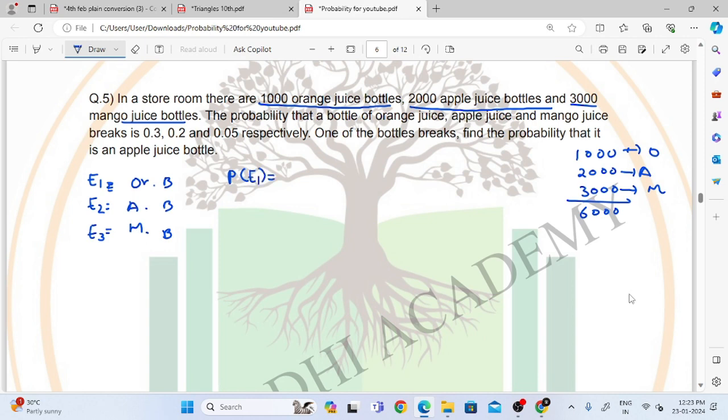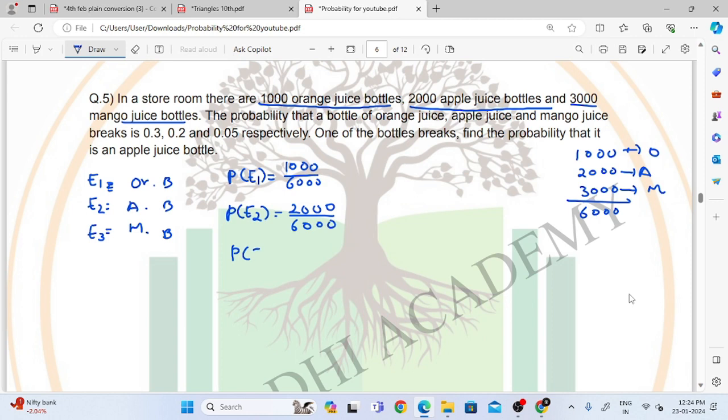So what is the probability of E1? How many orange juice bottles are there? 1000 divided by the total, 6000. What is the probability formula? The number of elements in the event divided by the total number in the sample space. Total 6000, out of which 1000 are orange juice bottles. P of E2 means selecting an apple juice bottle, that is 2000 out of 6000.